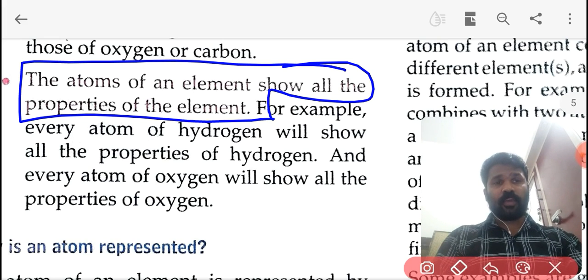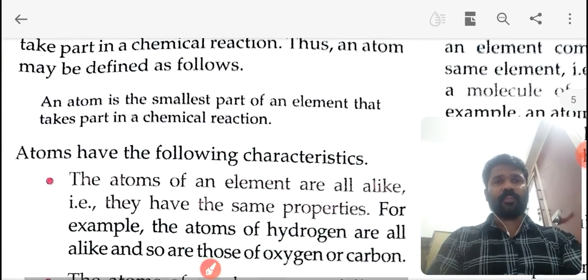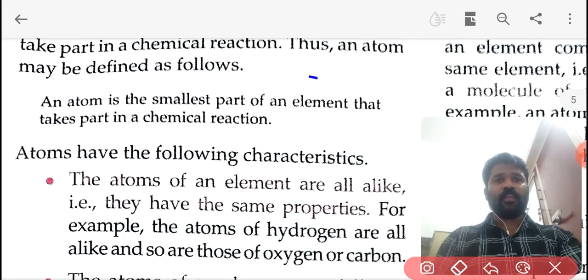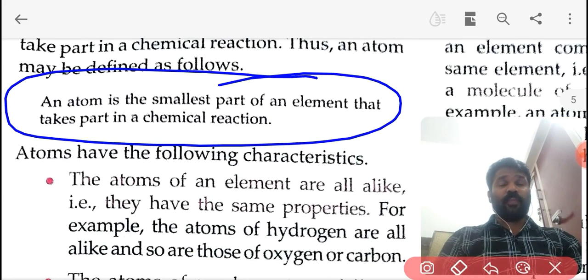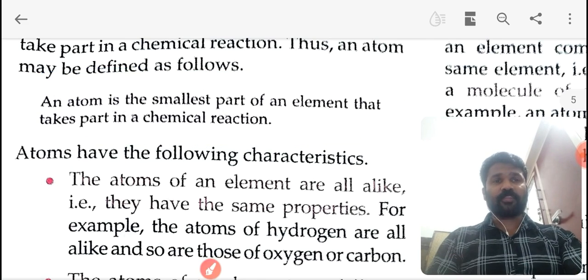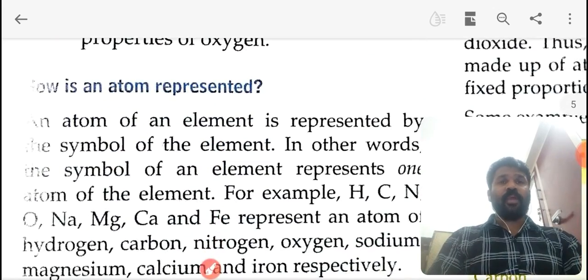These are the main characteristics of atoms. Once again, an atom is the smallest part of an element that takes part in a chemical reaction. Now we are going to discuss another topic, how is an atom represented.